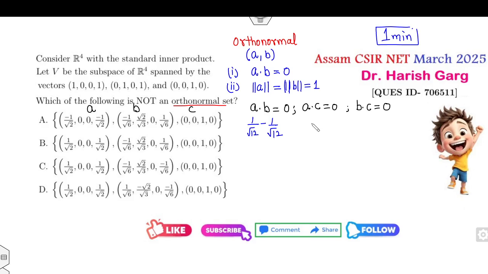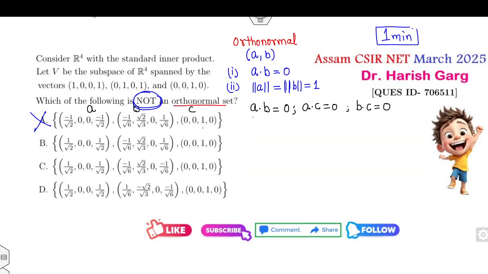A dot C is 0, 0, 0, satisfied. B dot C is 0, 0, 0, satisfied. Can you calculate the norm of A? It is half plus half, satisfied. Norm of B is 1 over 6, 2 over 3, 1 over 6, again satisfied. Norm of C is also satisfied. So yes, this is orthonormal, but we need a not orthonormal.